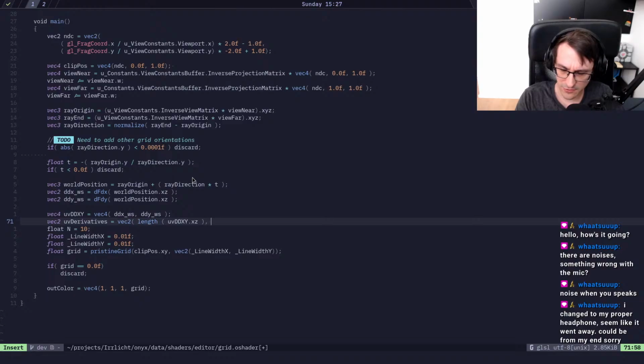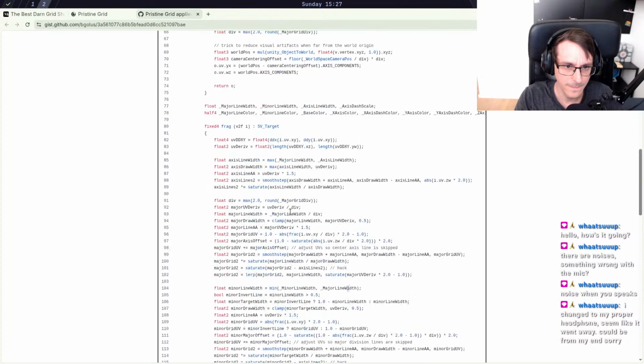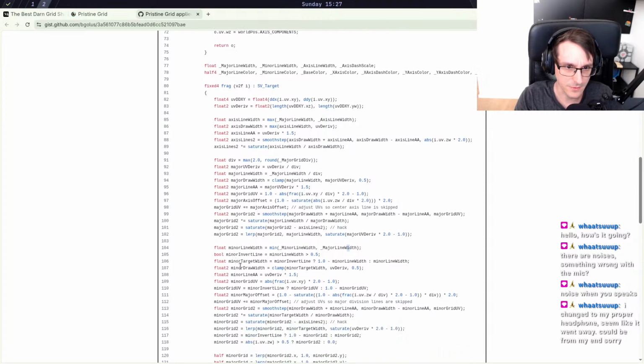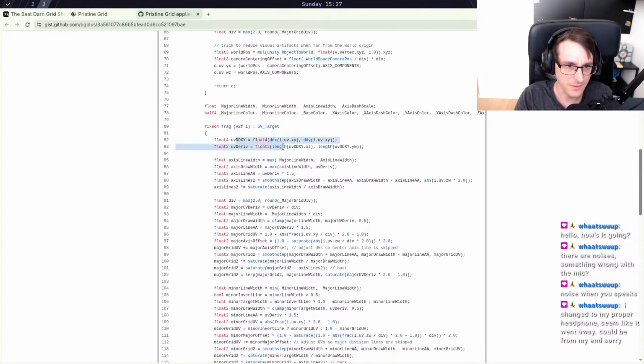Why is that even a vec4 to begin with? Why is it returning a float2?